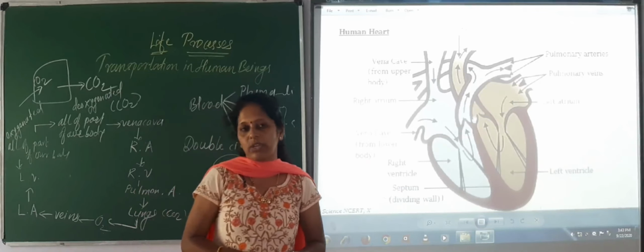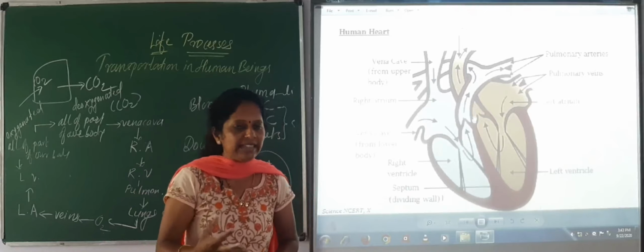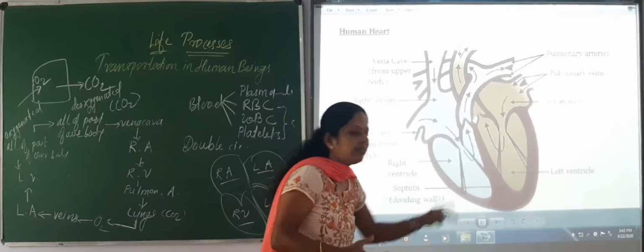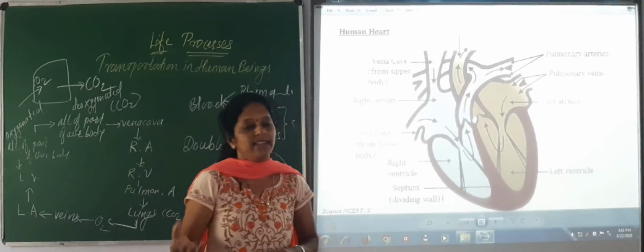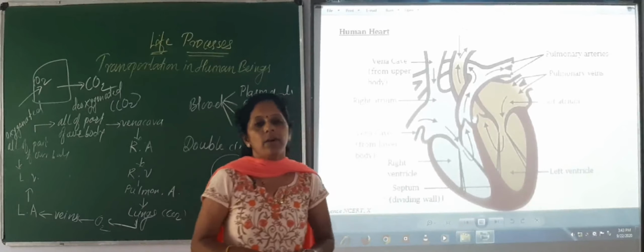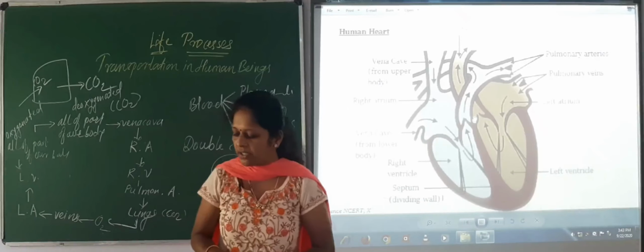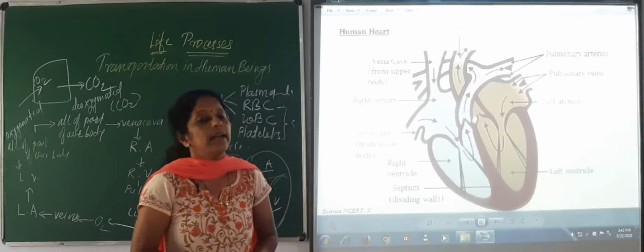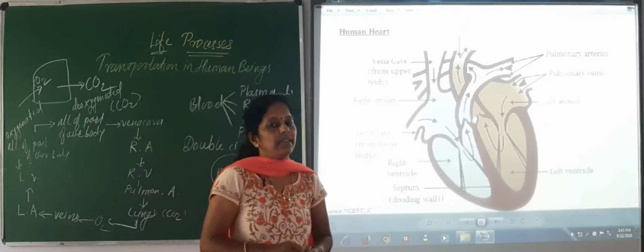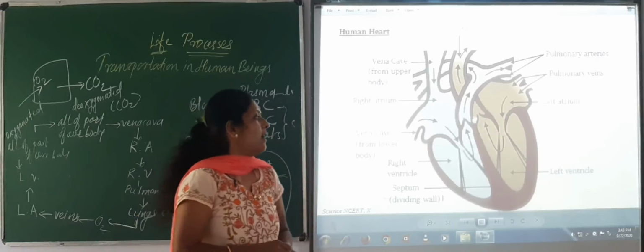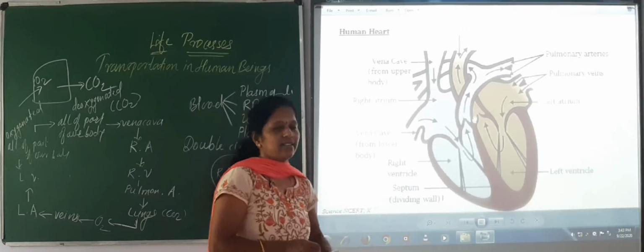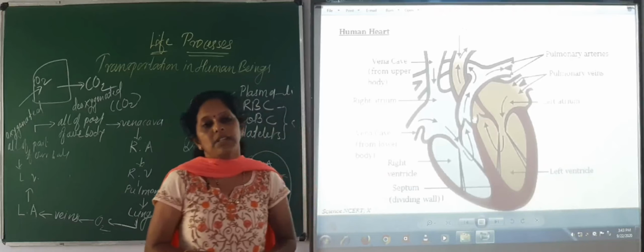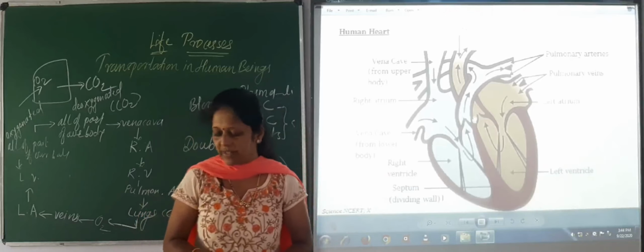So, systolic means when both ventricles are contracting, the pressure of the blood on the arteries is the systolic pressure, about 120 mmHg. Diastolic means when they are relaxing, the pressure of the blood is called diastolic pressure, and it is about 80 mmHg.